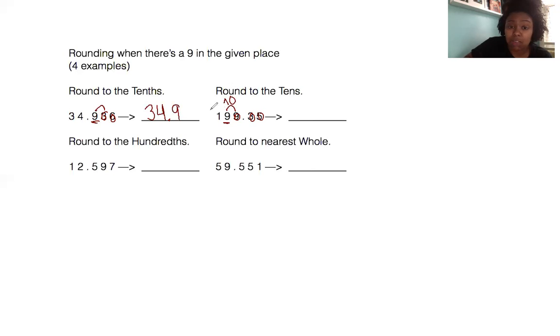Well, 10 can't fit, so we're actually going to send the 1 over to the next place. This is the only time, the plus sign, plus 1, we're going to get rid of the 1 there. So that 9 actually became a 0, and we're adding the 1 to the place that's in front. This is one of the only times that the place in front of your given place is going to change, only if there's a 9. So this is the only time that that happens.